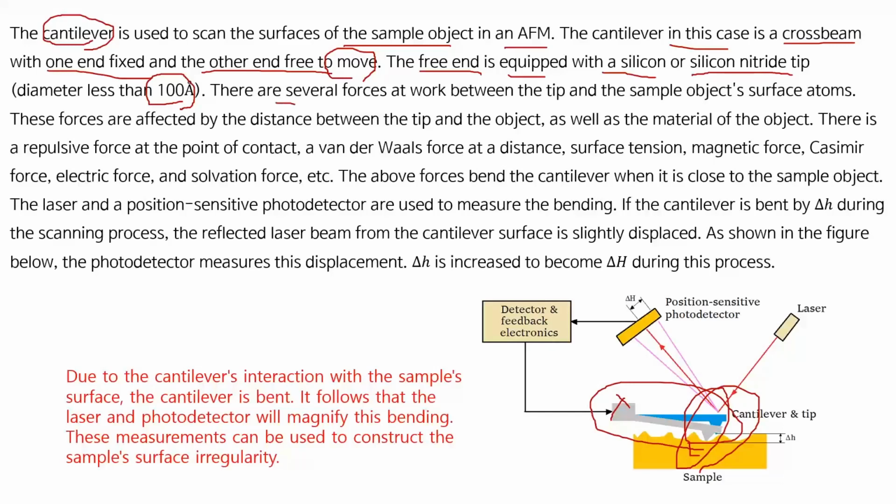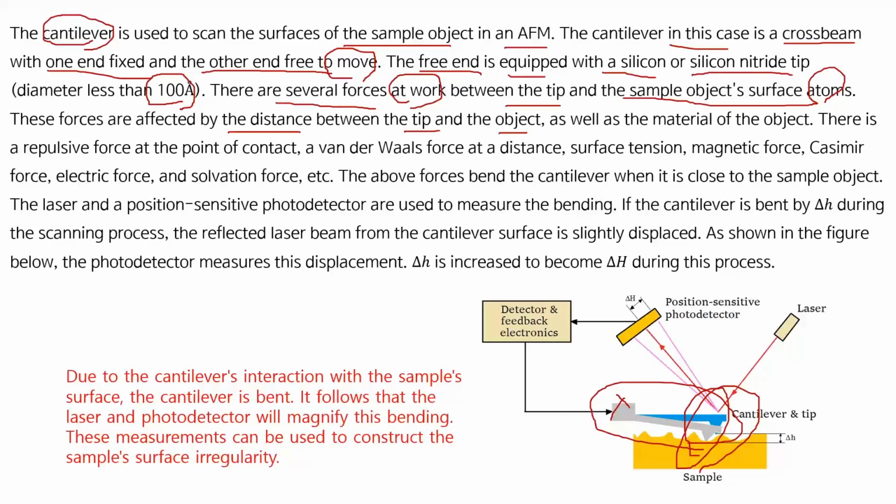There are several forces at work between the tip and the sample object's surface atoms. These forces are affected by the distance between tip and the object, as well as the material of the object.